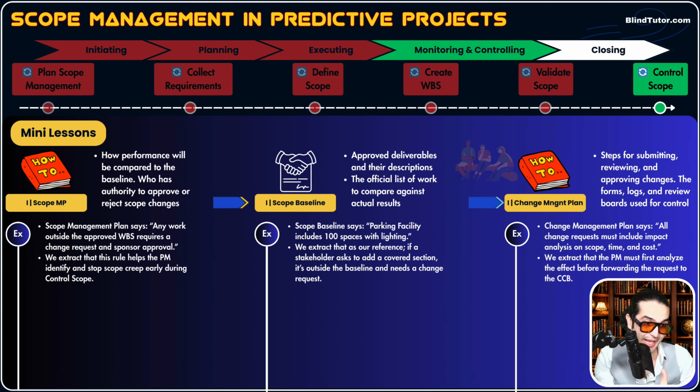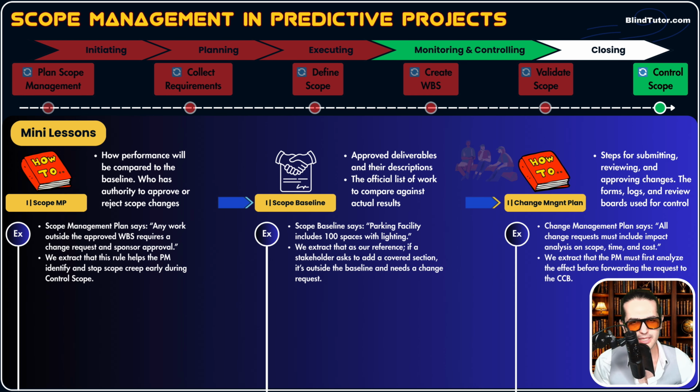You need to handle these requests in the right way. Where is it mentioned? In change management plan, also in the scope management plan. Don't get me wrong here. These two documents have some overlapping information, of course. But this is basically how these three inputs helped us in this process.